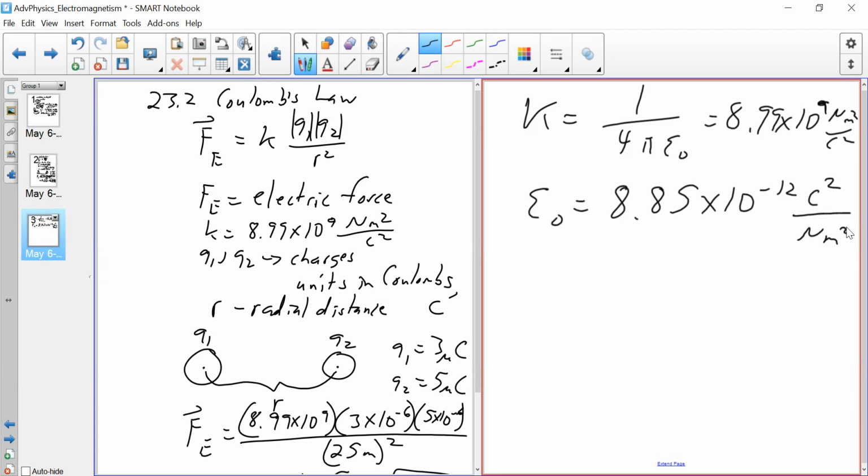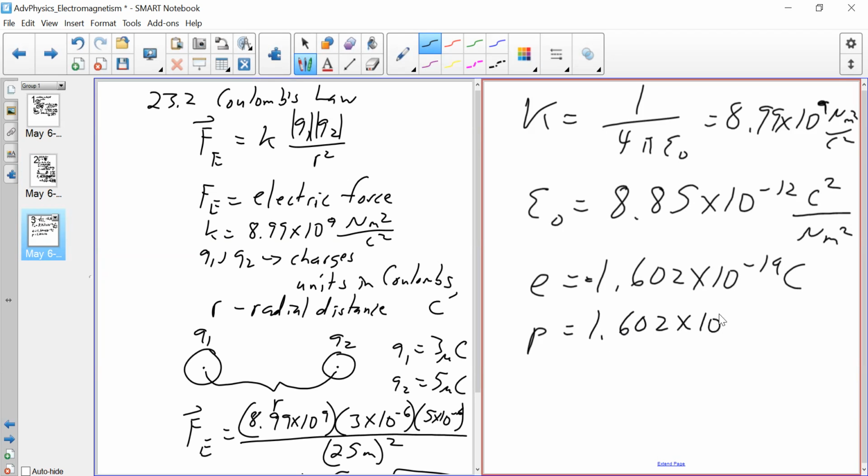The numbers are there. The charge of an electron, same magnitude as a proton, is 1.602 times 10 to the minus 19 coulombs. That's typically negative; you designate an electron as negative charge. Like I said, the proton is the same magnitude, but positive.